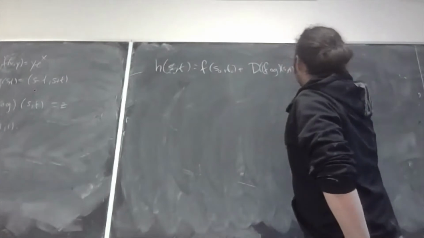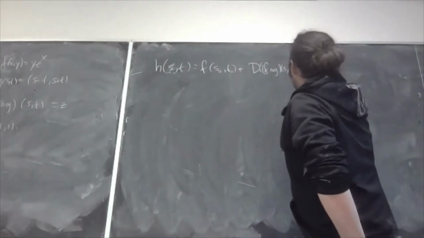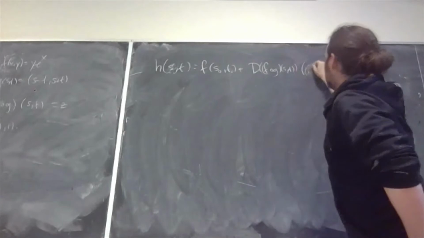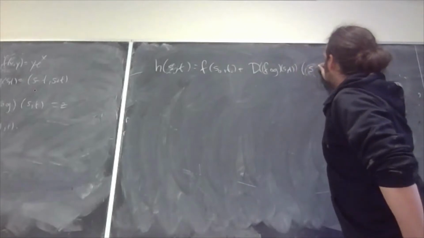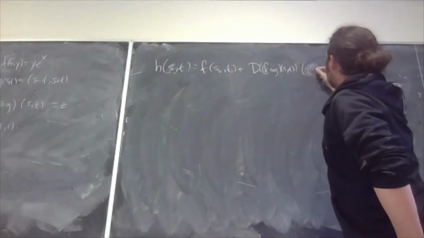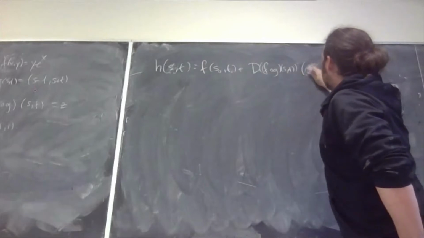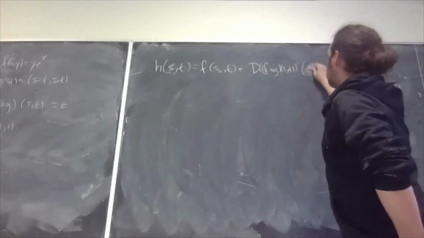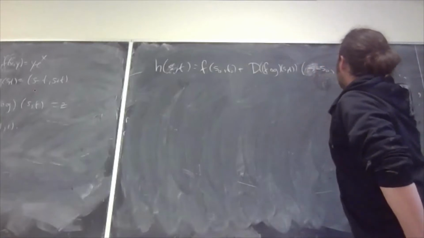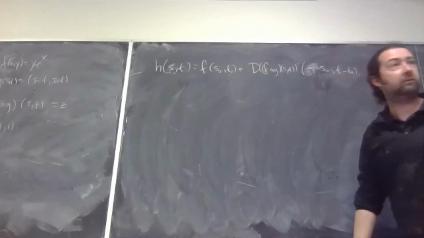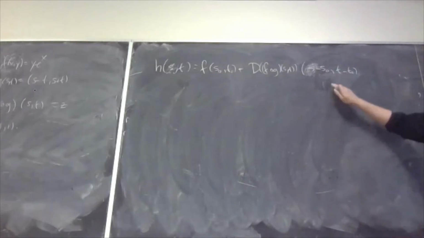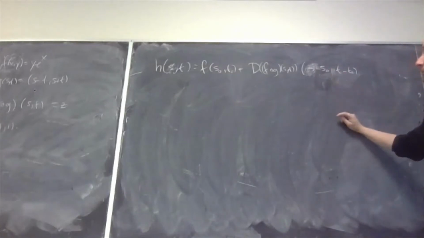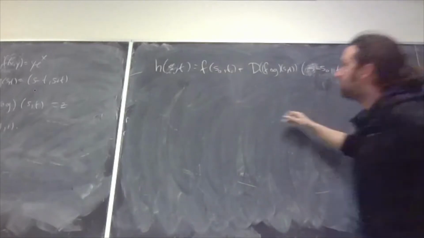Times, I guess, the vector s minus s naught, t minus t naught. Is that the best way to write this? You mean to put f of s naught, t naught, or f composed with g?